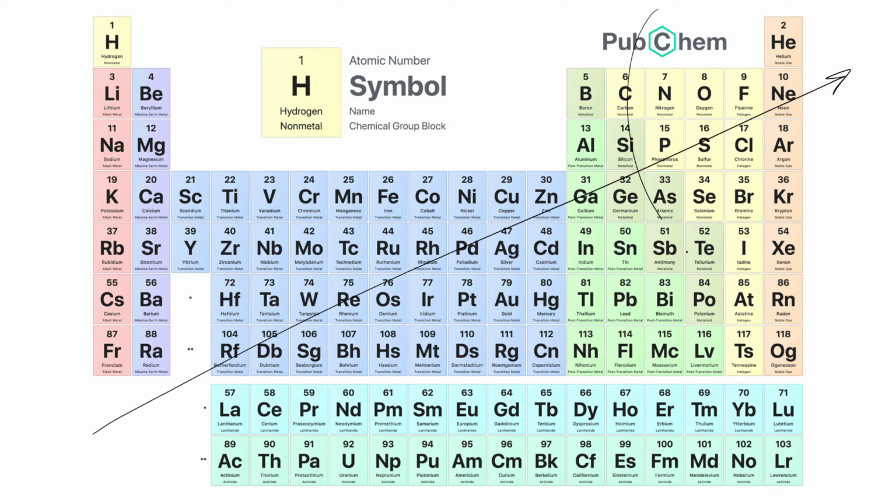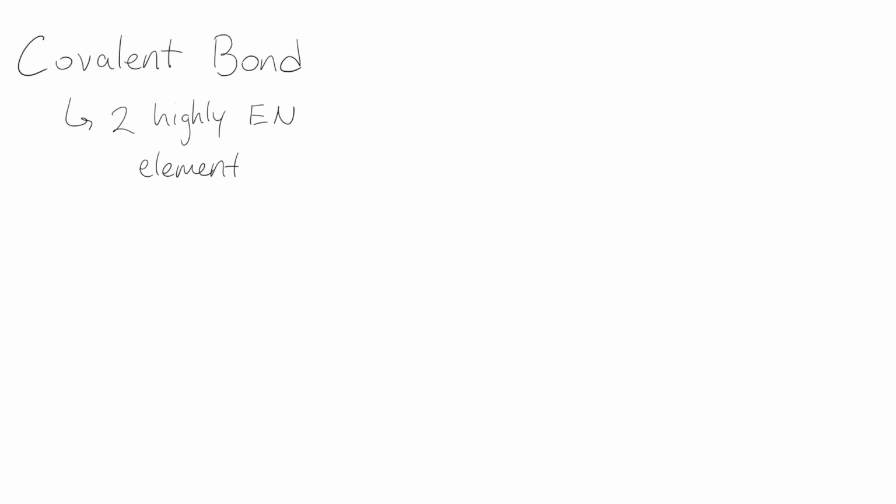If you'll notice, all of the highly electronegative elements are going to be over here on the periodic table, and they are mostly non-metals. So when two nonmetals participate in bonding, they'll most likely form a covalent bond.